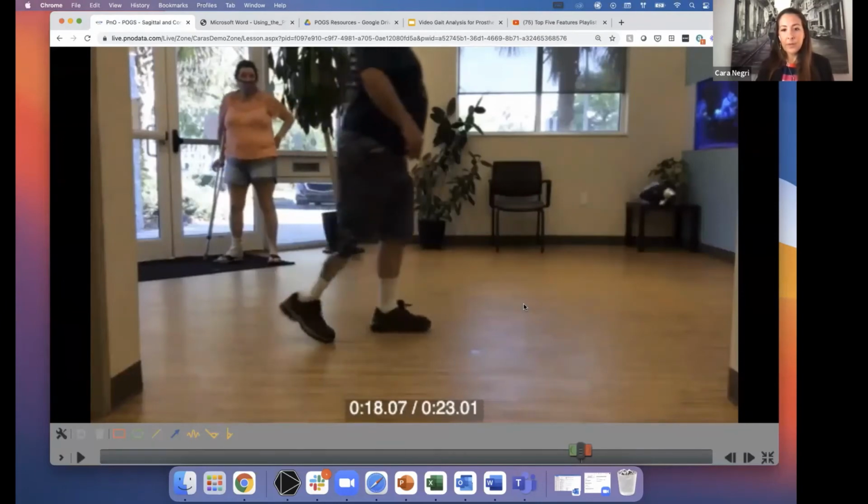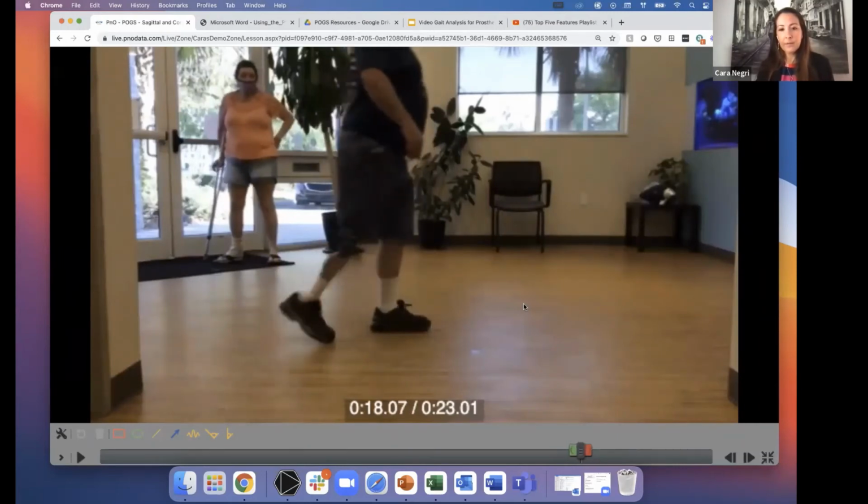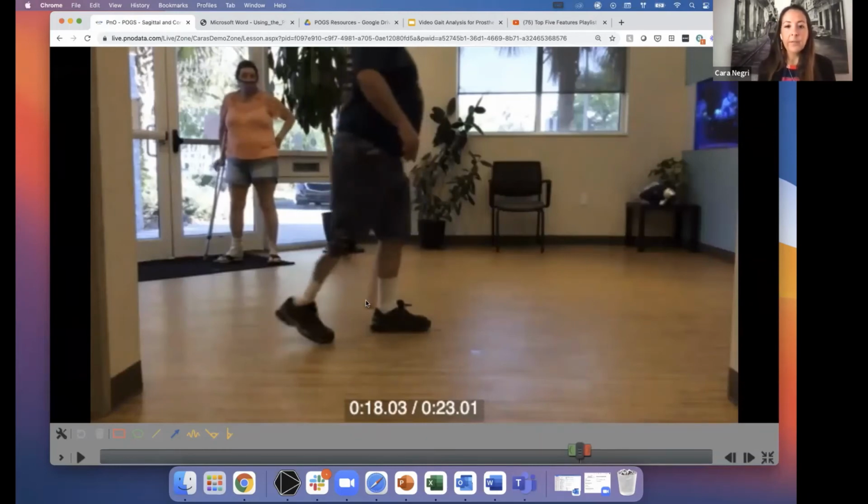So we don't want to have his foot off the floor yet. So I'll go back to that frame here. Maybe even that frame, just because he's got a little bit more of his toe on the ground there. The instruction said to take a line from the femur section down to the ground, and then we're going to measure between those two.